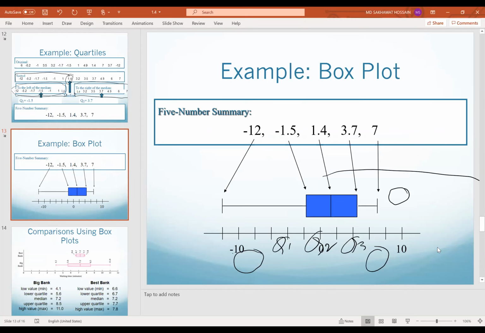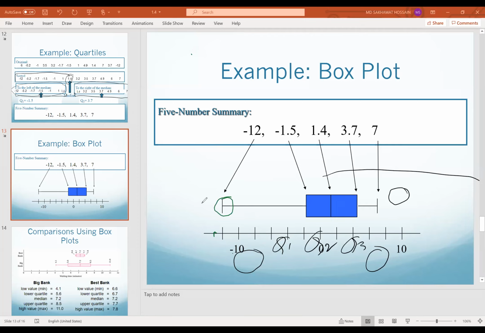So here we have, okay. So this is -10. Our minimum number will be somewhere here.